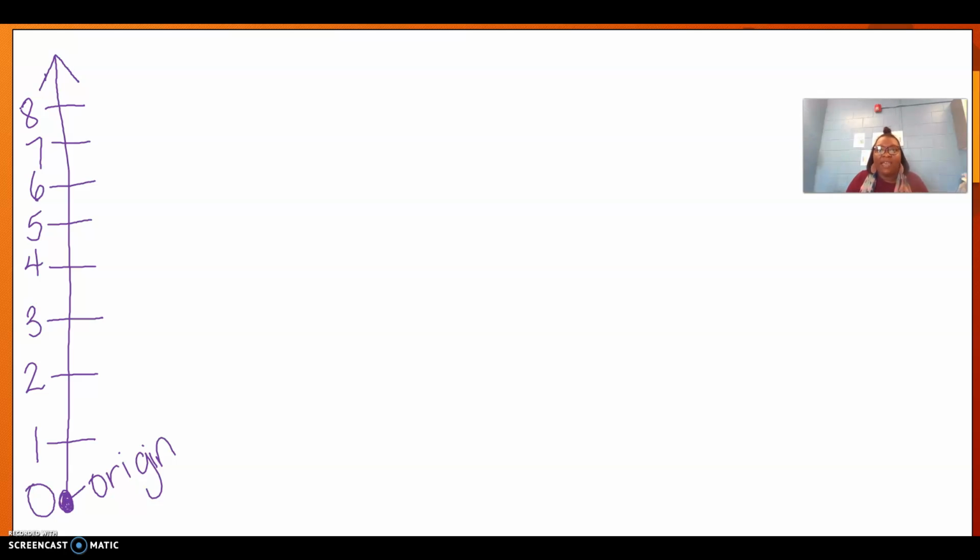Wouldn't you agree? If I have $8, that's much more than $0. So when we're working with a vertical number line where we're starting with 0 as our point of origin, it's important for us to be able to compare and contrast to give value to integers on that number line as well.